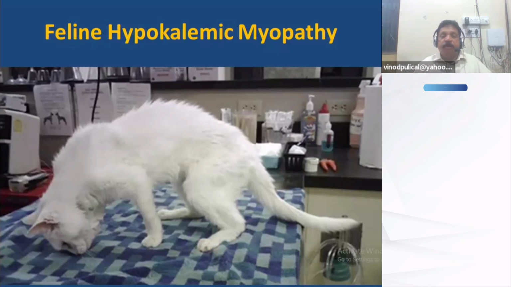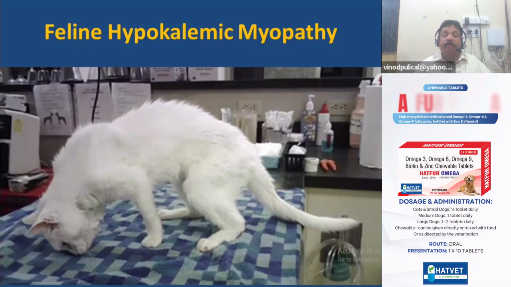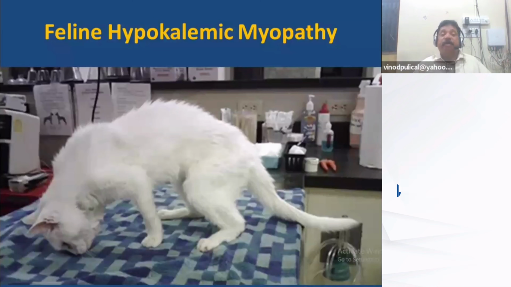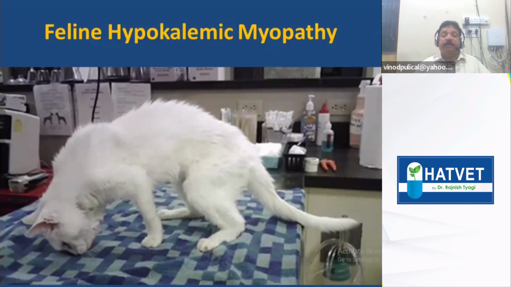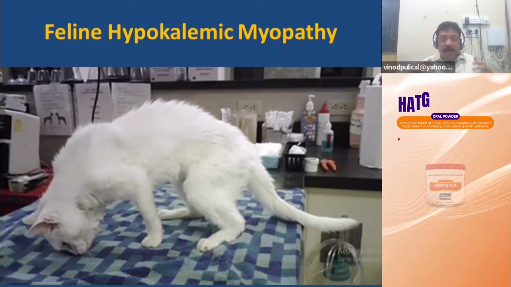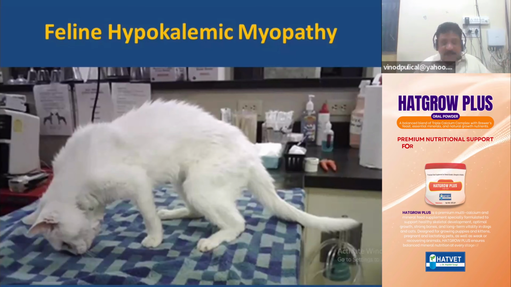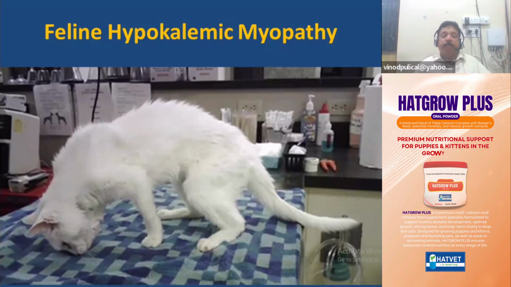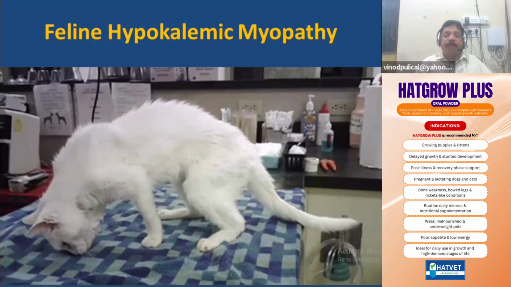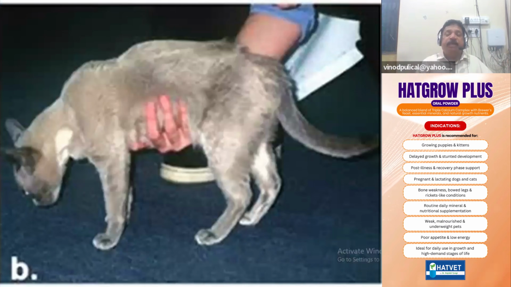There won't be that much weakness of the limbs, but there will be weakness of the neck muscles, as there is no nuchal ligament in felines. So the neck muscles become flaccid, the head hangs down, producing this pathognomonic postural defect, feline hypokalemic myopathy.